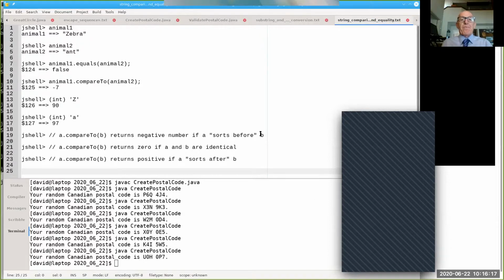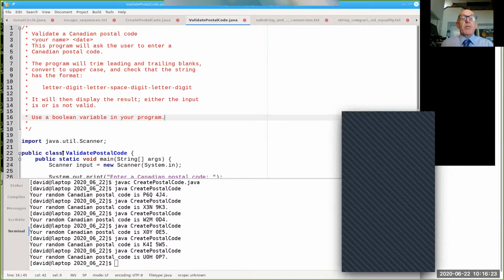Okay, now let's go for 10 minutes working on validating the postal code. You won't need to do comparisons at this point. If you do everything in characters, it makes it a lot easier than if you use substrings.